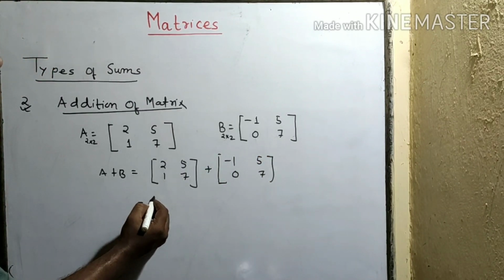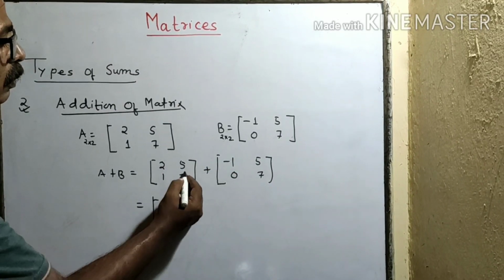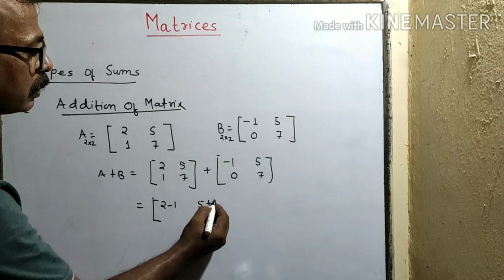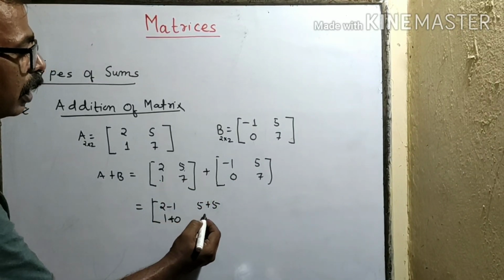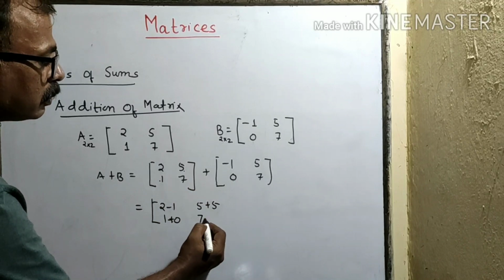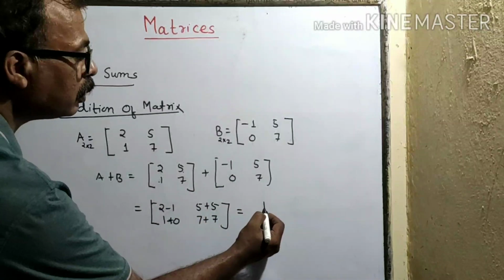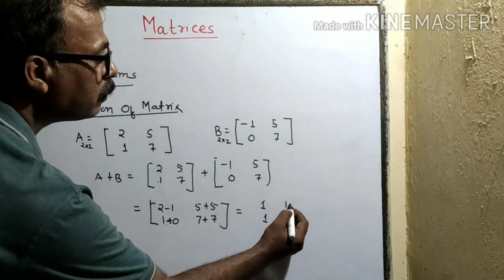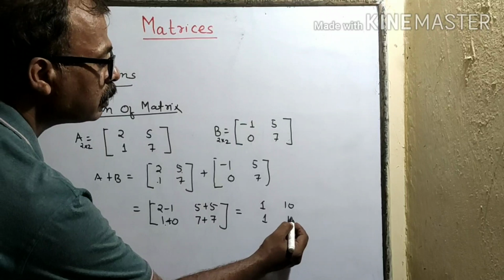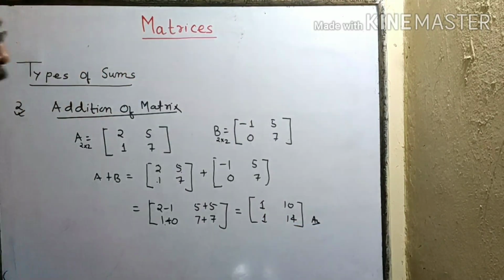Next step, it will be 2 plus minus 1, which means 2 minus 1, 5 plus 5, 1 plus 0, and finally 7 plus 7. So your result will come out as 2 minus 1 is 1, 1 plus 0 is 1, 5 plus 5 is 10, and 7 plus 7 is equal to 14. This will be your answer.